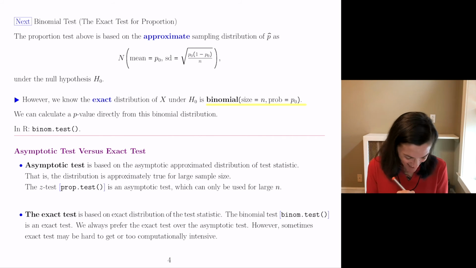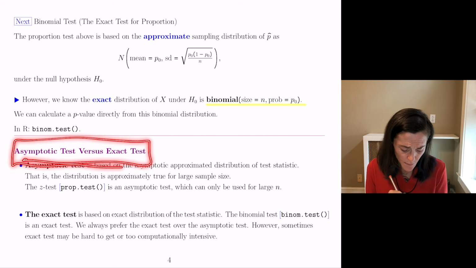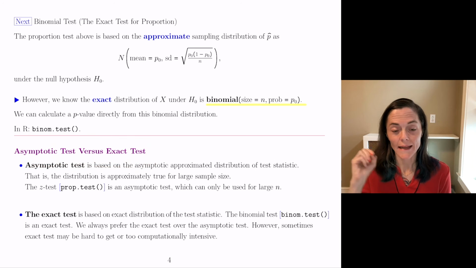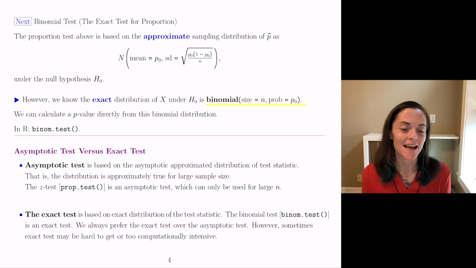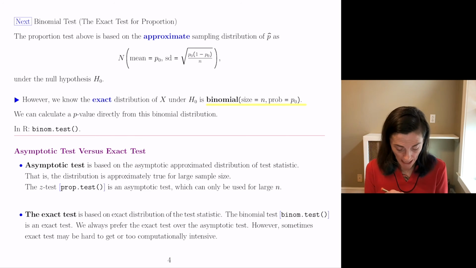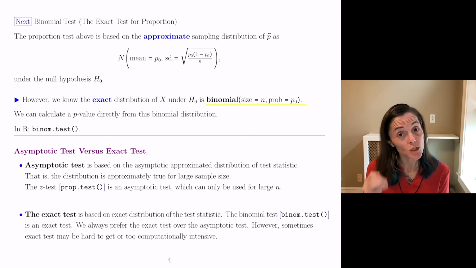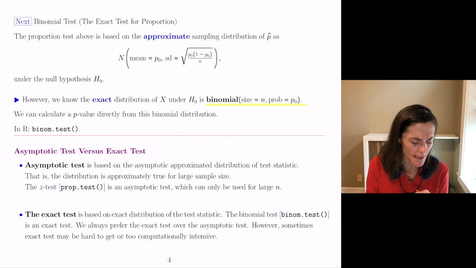Generally, I am talking about the difference between an asymptotic test and an exact test right here. An asymptotic test is based on the asymptotic approximated distribution of the test statistic. What that means is the distribution is approximately true for a large sample size.